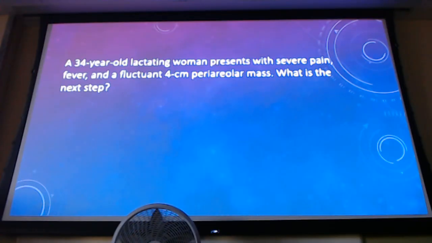All right. A 34-year-old lactating woman presents with severe pain, fever, and a fluctuant 4-centimeter periareolar mass. What's the next step? Not a mammogram. Not mastitis. You have a fluctuant mass. Breast abscess, right? Drain it.